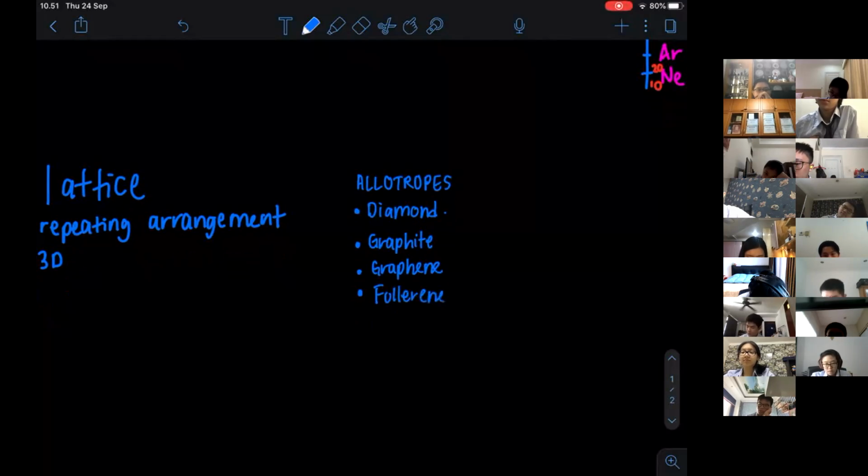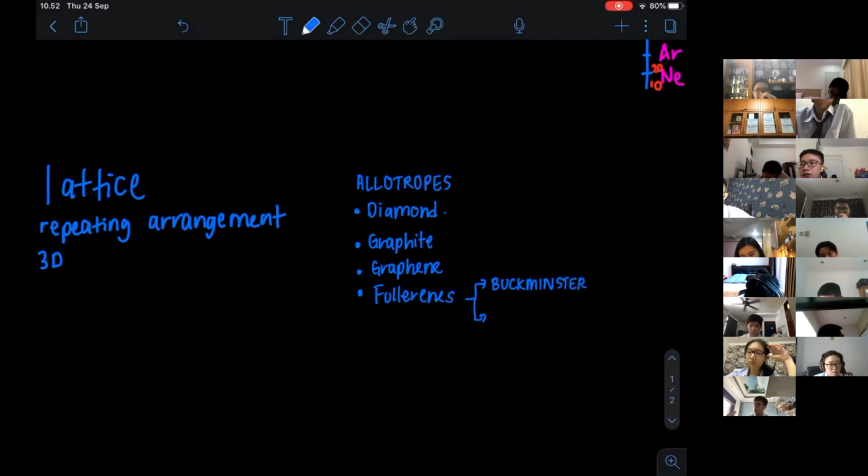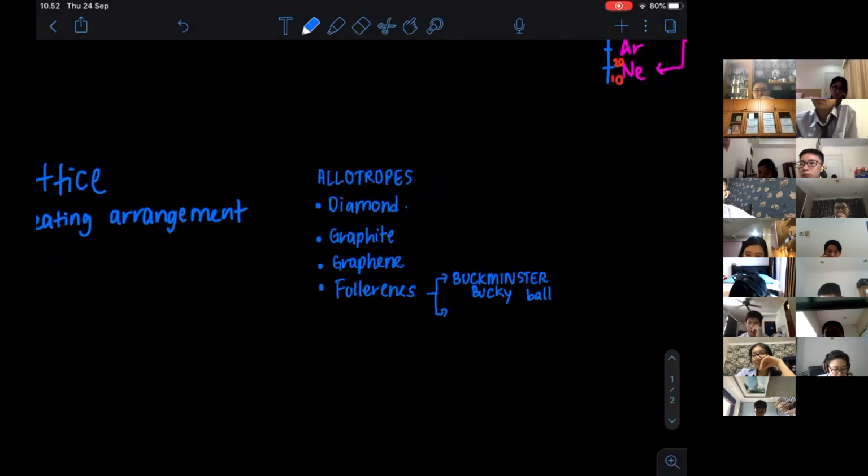And fullerenes exist in 2 forms, like what I wrote just now. It is Buckminster fullerene, or they simplify by saying buckyball, and this one is nanotube.